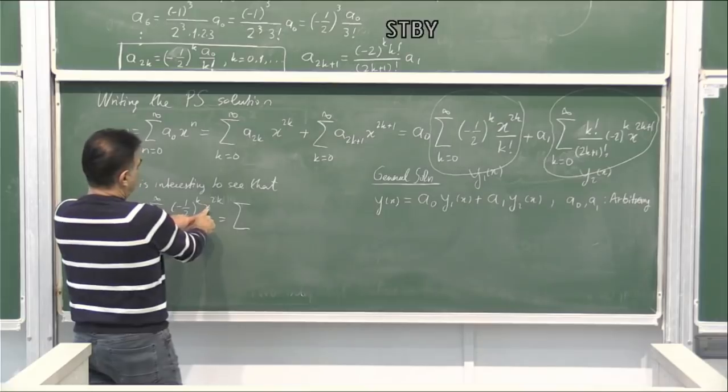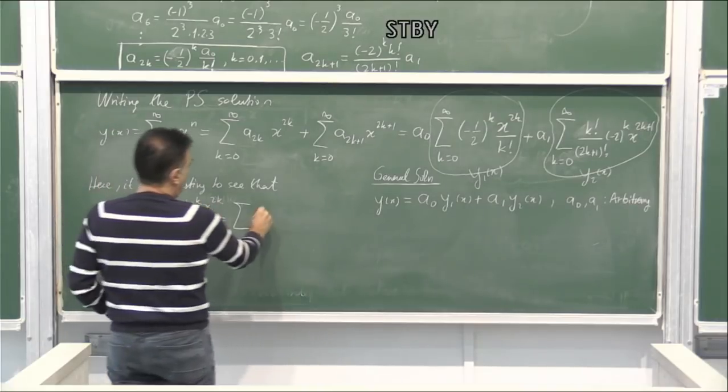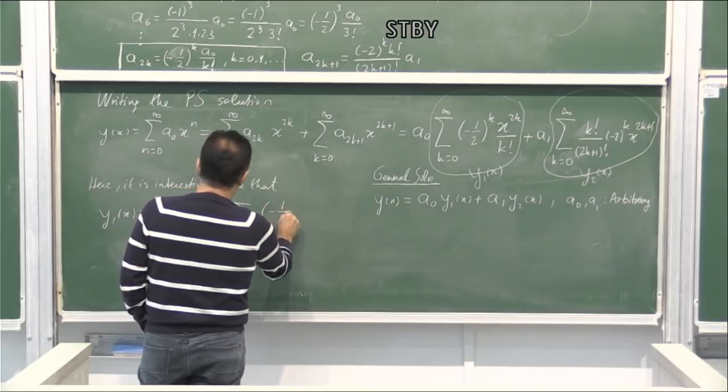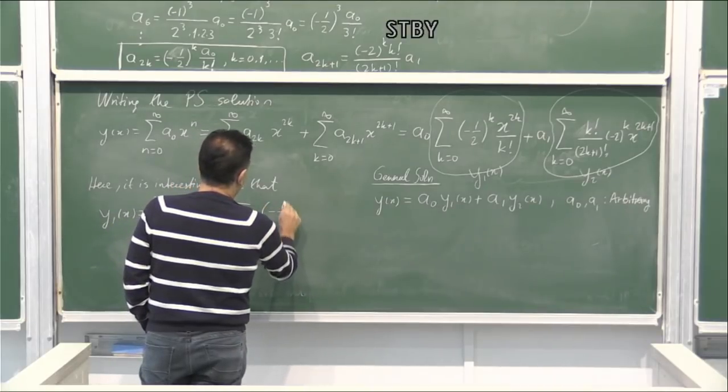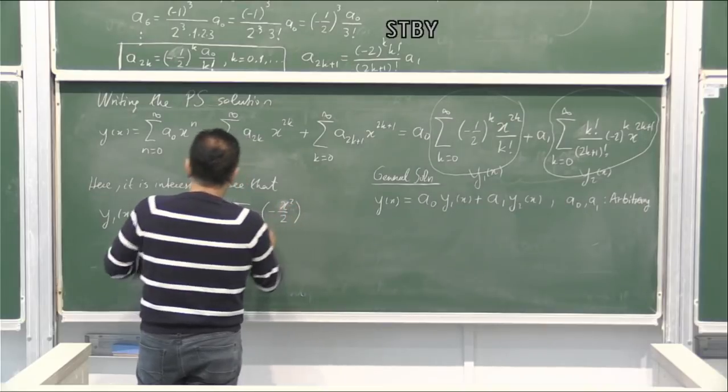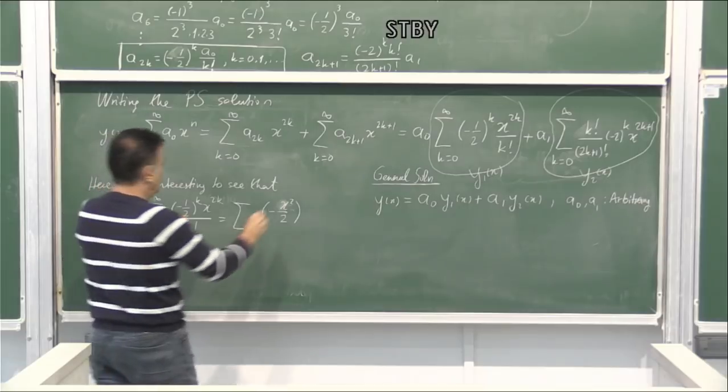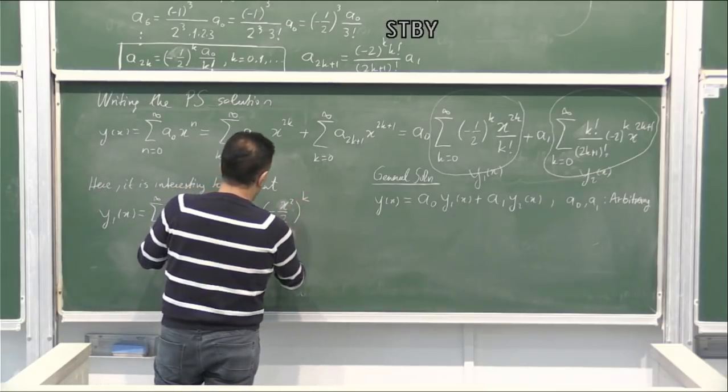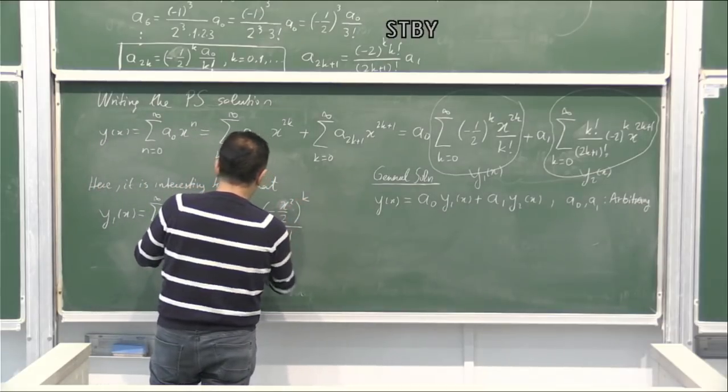Here is x squared to power k, so in multiplying these two factors, minus 1/2 x squared over 2 to power k over k factorial.